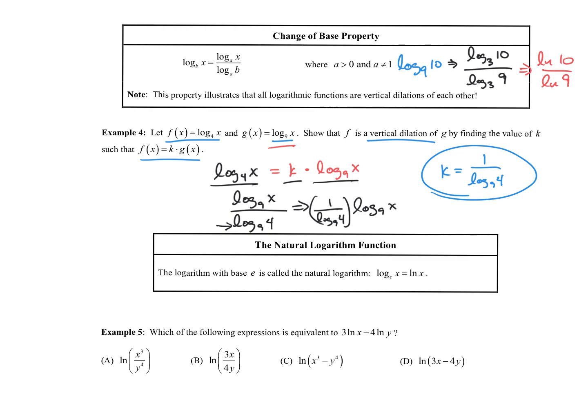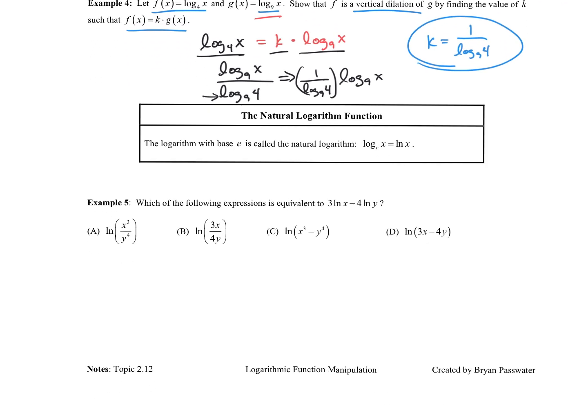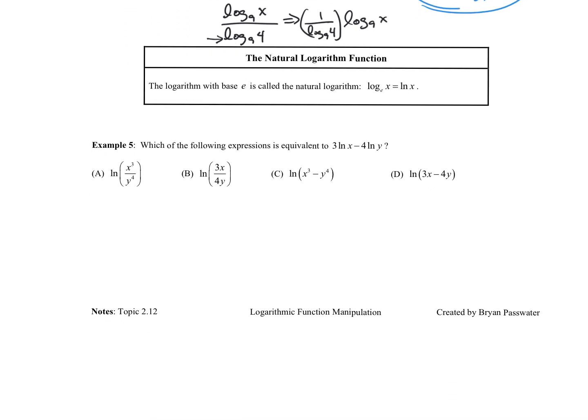We talked about these already a little bit. A natural logarithm is a log base e. If they have a log base e, that's a natural log, and natural logs work the same way regular logs do. We need to find what's equivalent to 3 natural log x minus 4 natural log y, so we're going to condense this into a single logarithm. What does this 3 do?